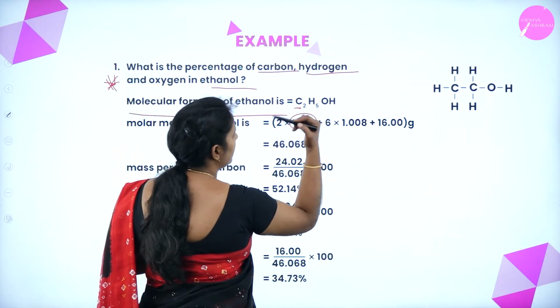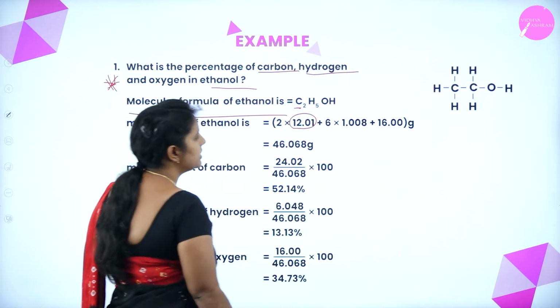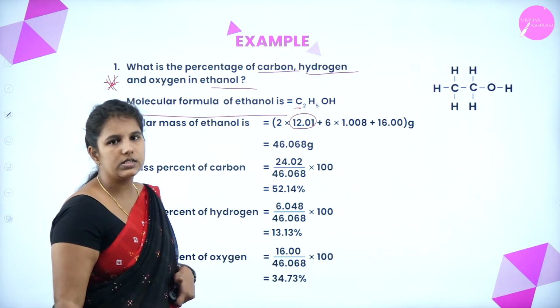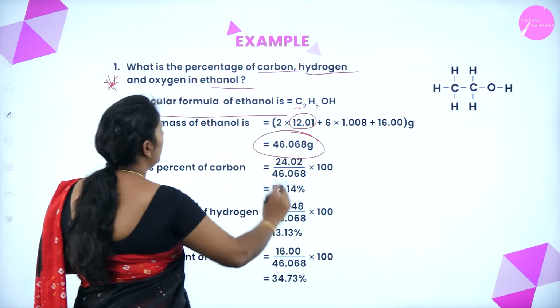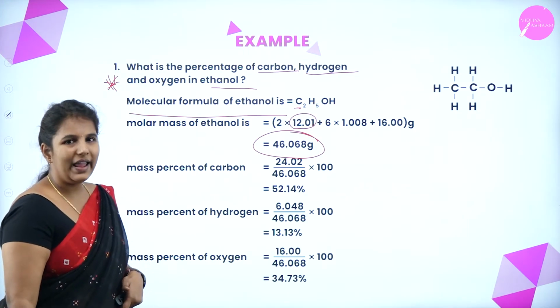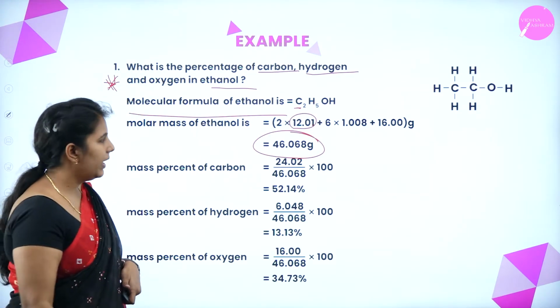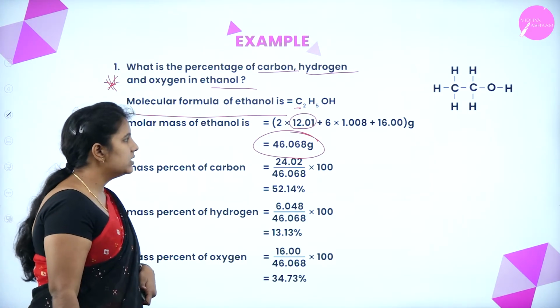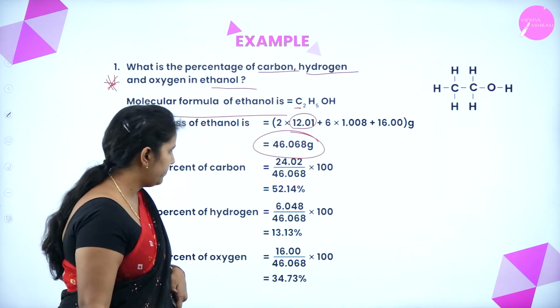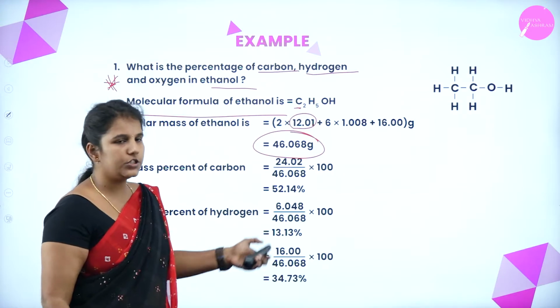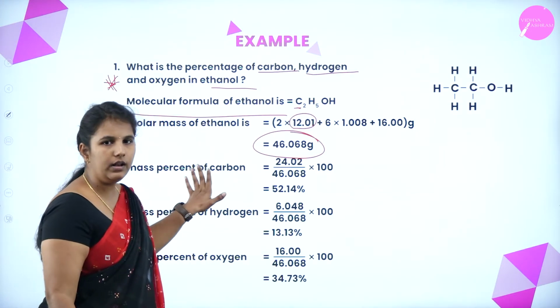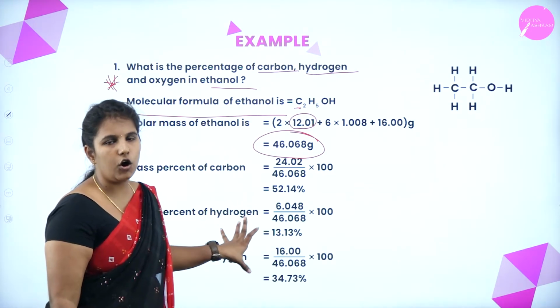So 6 into the atomic mass of hydrogen plus 16.00, that is the atomic mass of oxygen. If you simplify this, you will get the molar mass of ethanol, that is 46.068 gram.